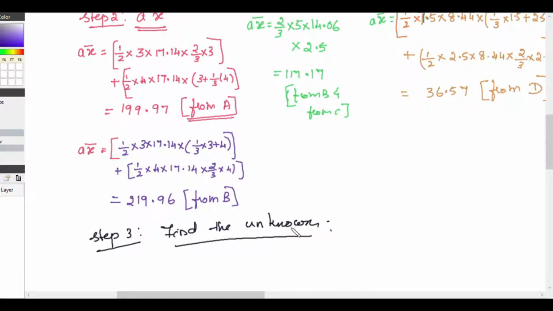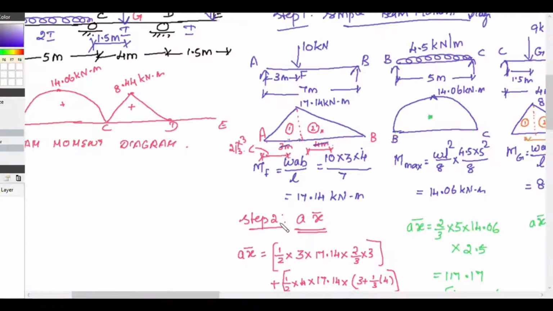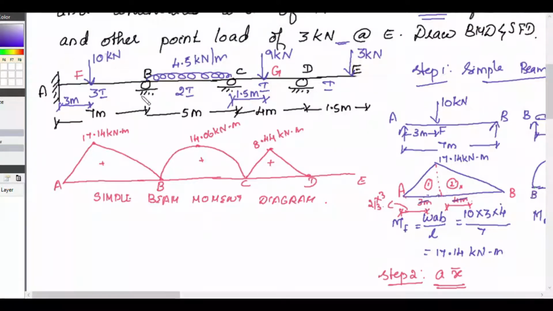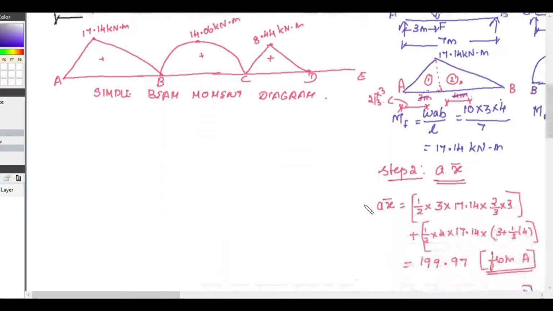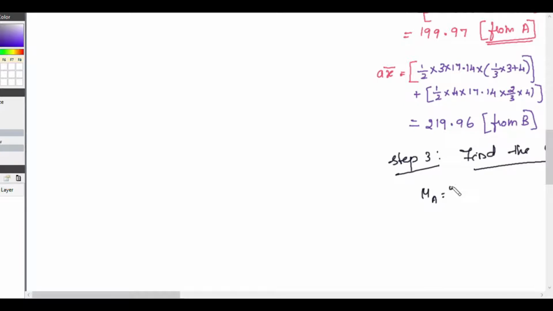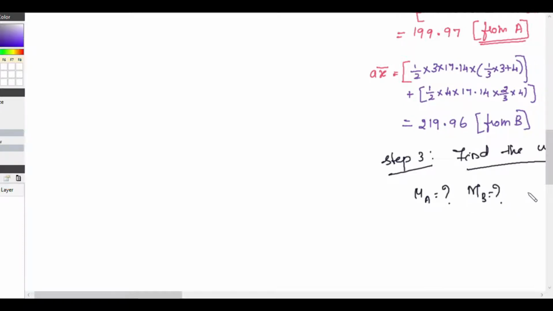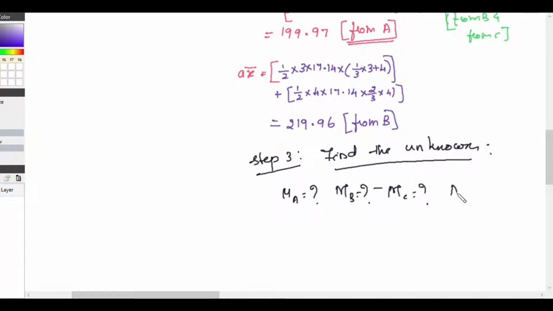So here our unknowns are moment at A, moment at B, moment at C, and moment at D. Now, this MD is an overhang, right? That is, span DE is overhang.